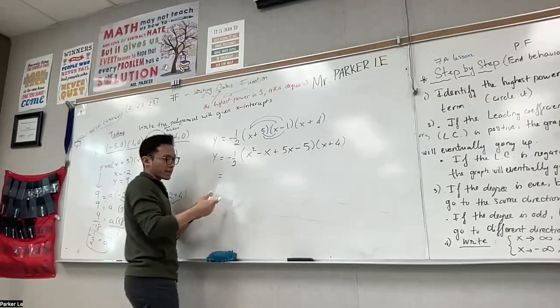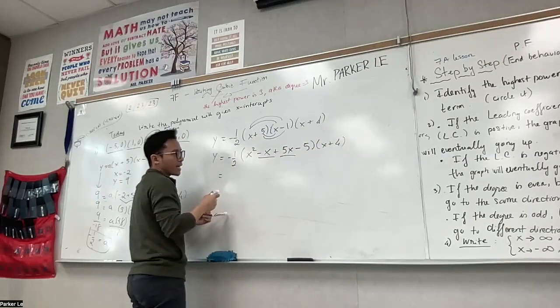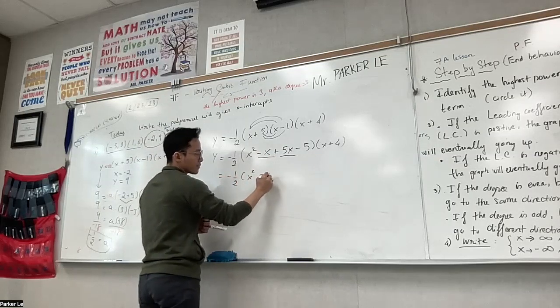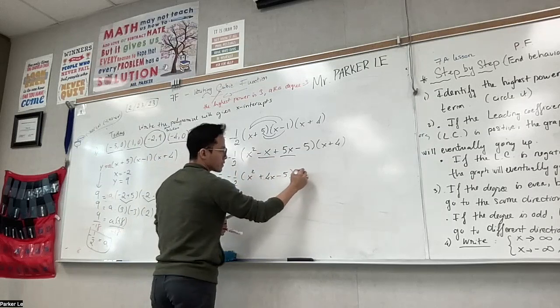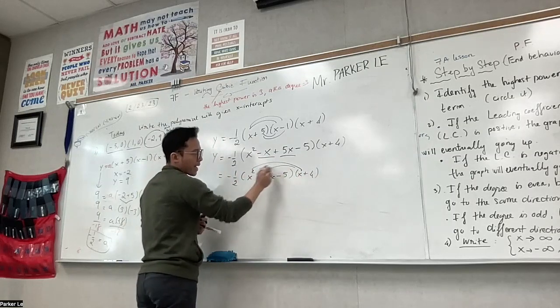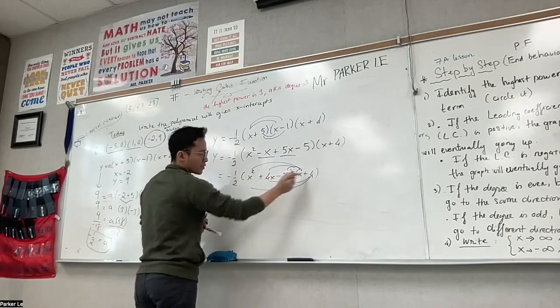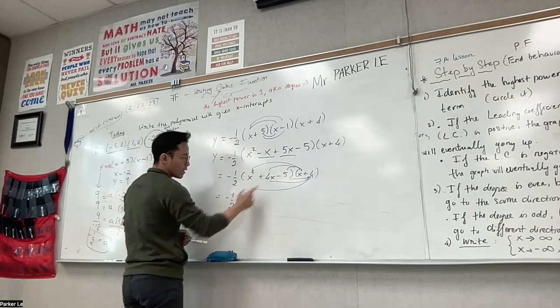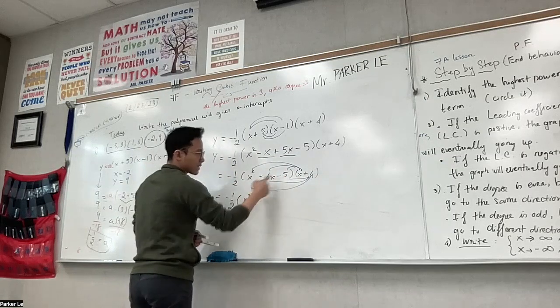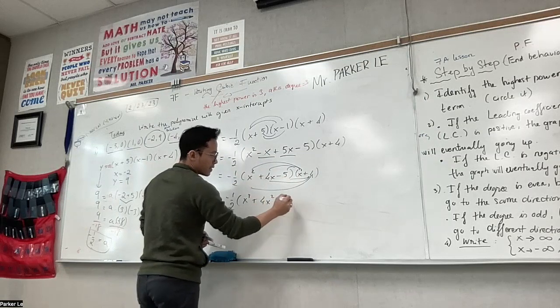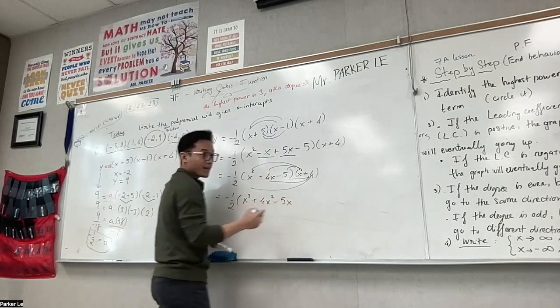Don't distribute right away, combine the terms. I have negative x plus 5x, so plus 4x minus 5, x plus 4. Now distribute. I like to distribute from the back, so only 2 terms for me to deal with. So x times x squared is x cubed, x times 4x is 4x squared, x times negative 5 is negative 5x.